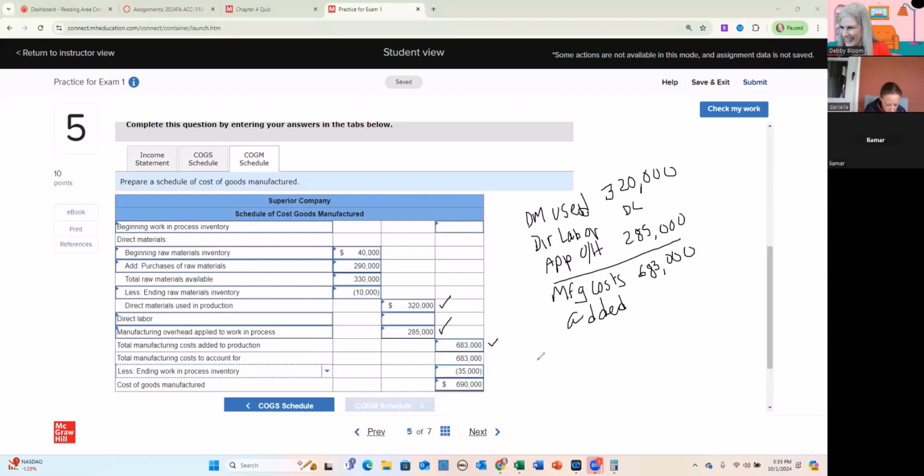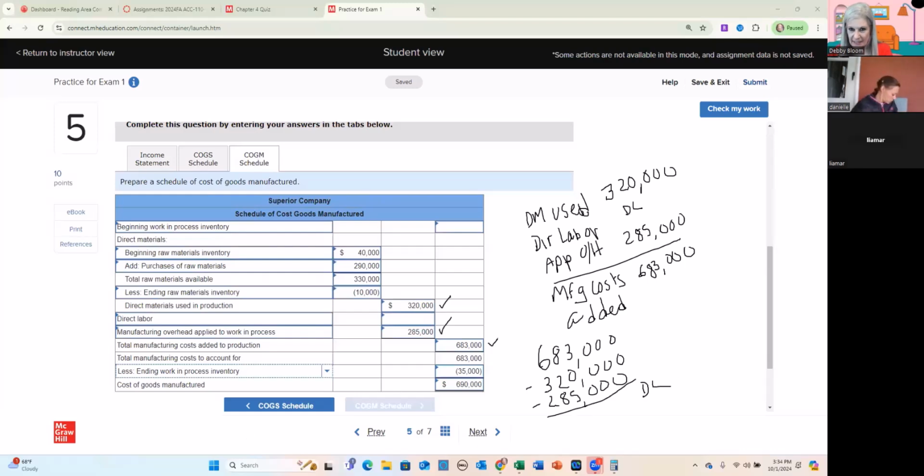So take 683,000, subtract the 320,000 and subtract 285,000, and that should give you the direct labor.